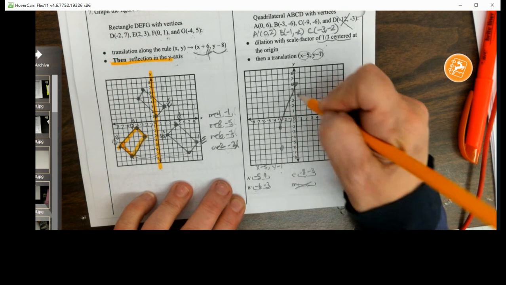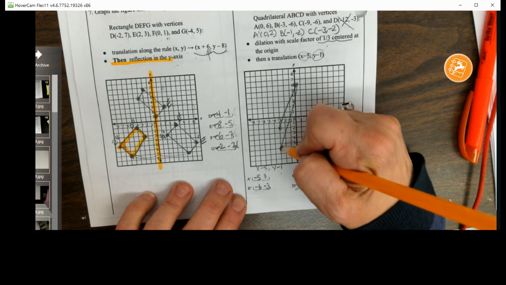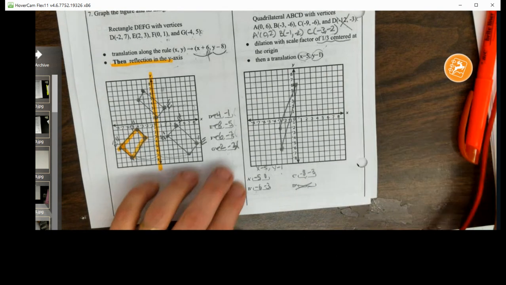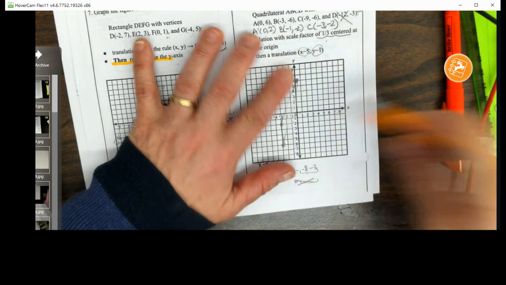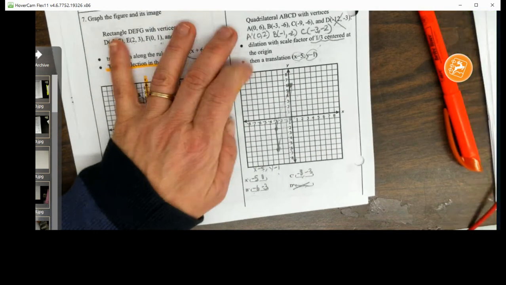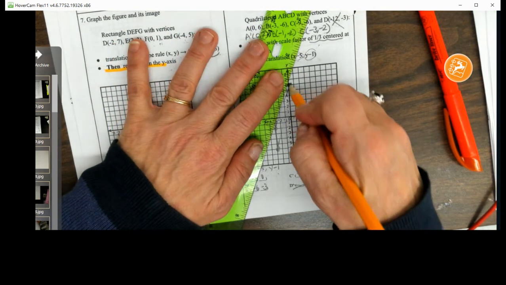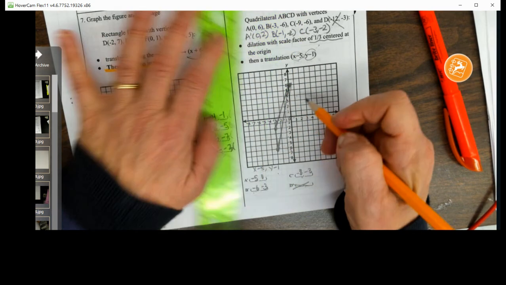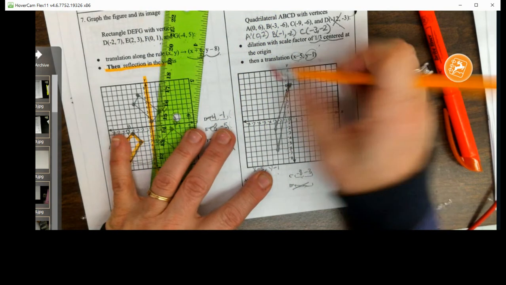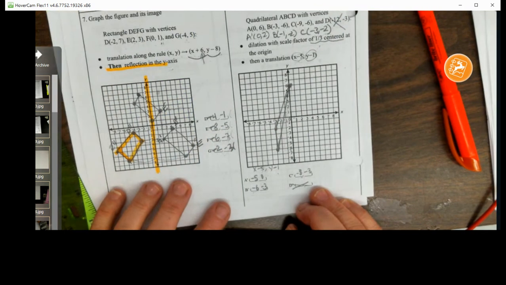Okay, and some people wrote in the 4th point, and that is fine. I think that was what I originally said to do, but I noticed more people did not write it in and just eliminated D, which I am okay with. Okay, as long as you understand it.